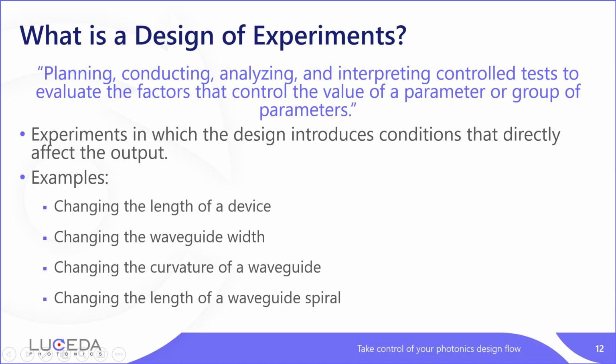Several examples include if we change the length of the device, if we change the waveguide width of a device, or change the curvature of the waveguide, or change the length of the waveguide spiral, and then we will analyze the output and extract information that is important to our goal.